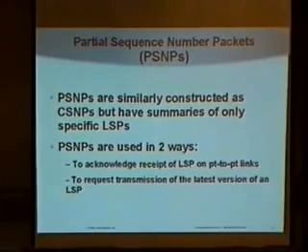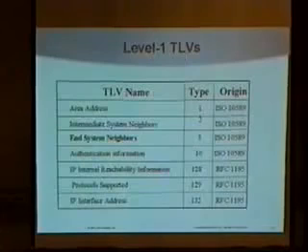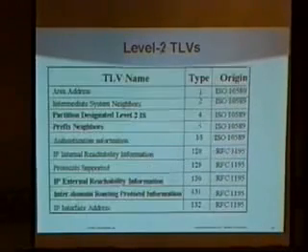So this is a list of TLVs over here, and this is for level 1. Anytime I generate a level 1 LSP, these are all the TLVs that would be available for level 1 packets. So hellos could use some of these TLVs as well, and some of this information is also in level 2 LSPs. What I've done is highlight the TLVs that are specific to level 2, and then those that are specific to level 1.